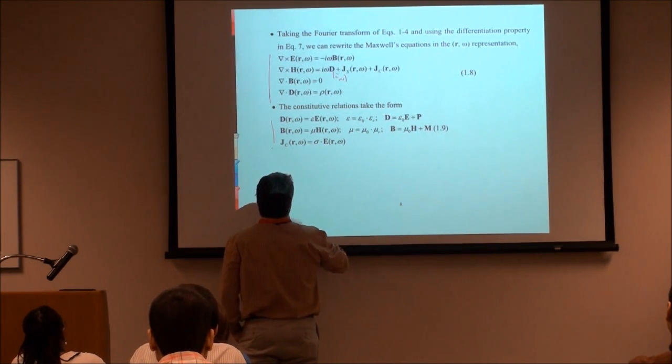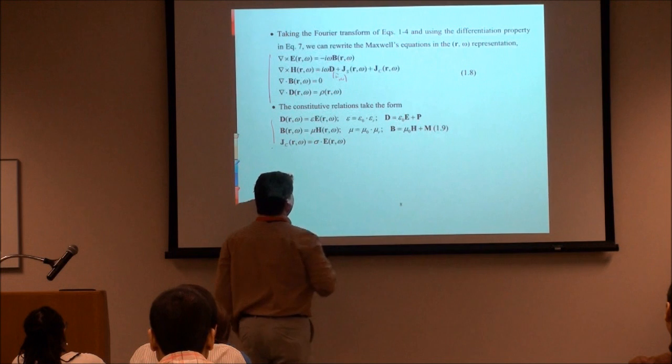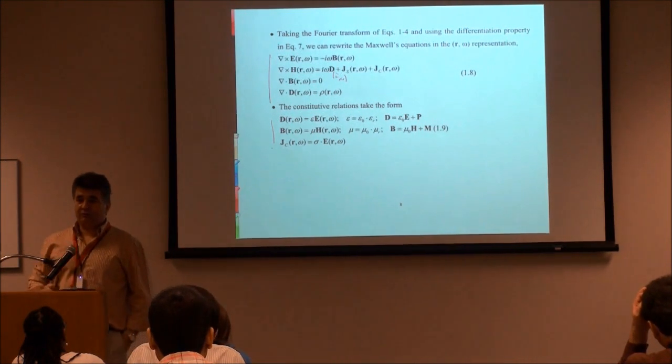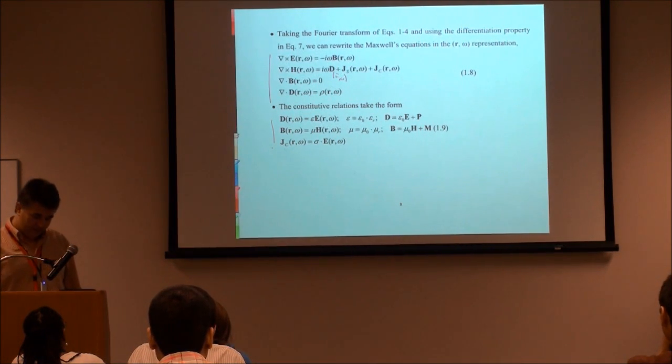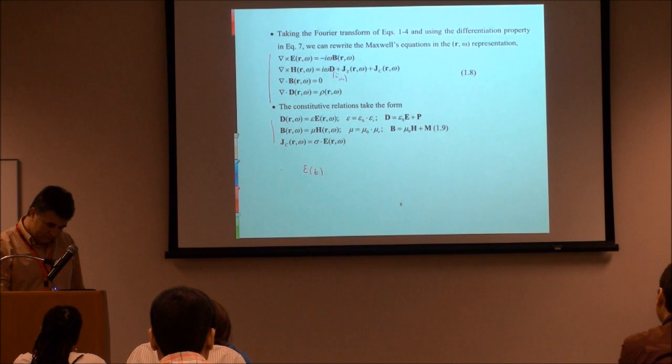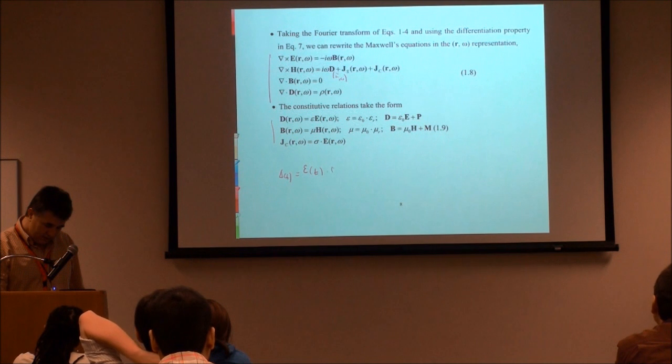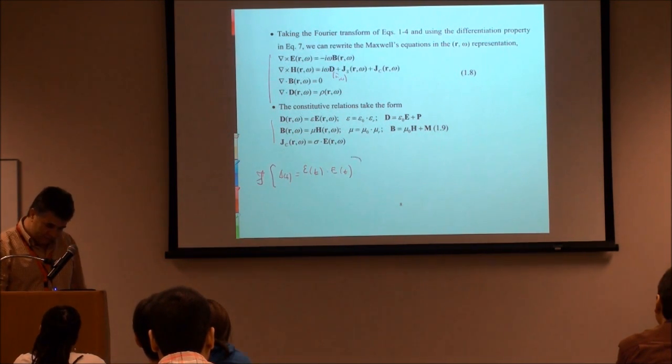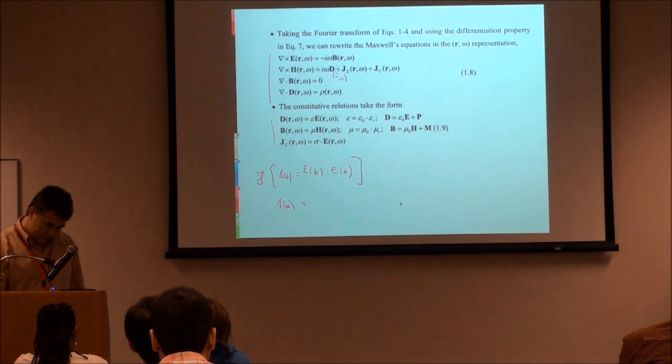Okay? Of course, if this is a function of omega, then you need to be careful. If epsilon is dispersive, if epsilon is a function of time, when you have D of time equals epsilon of time times E of time, when I take the Fourier transform of this, what happens? I have D of omega equals epsilon, I should put a tilde.